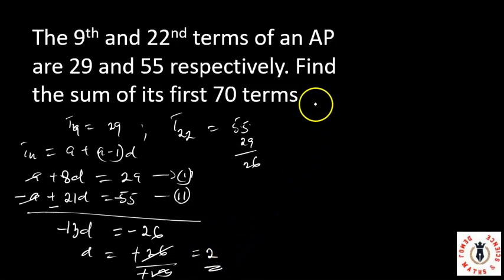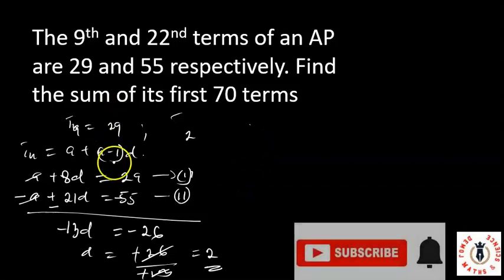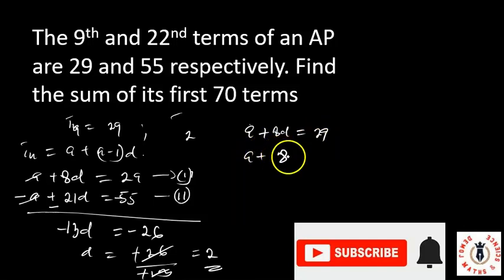If D is equal to 2, and we already have that A plus 8D is equal to 29, then A plus 8 into 2 is equal to 29.